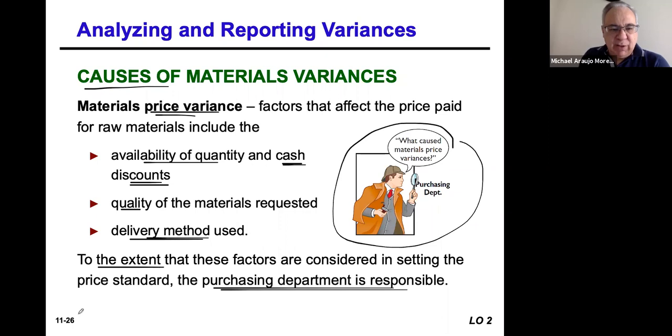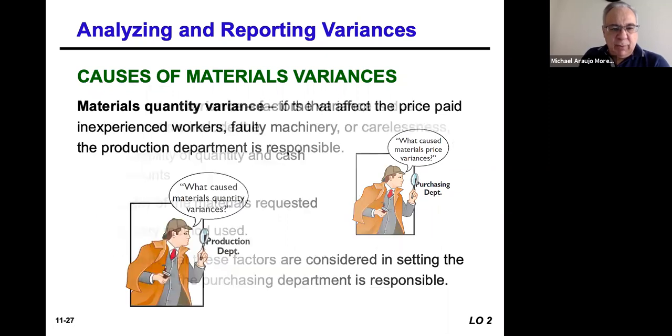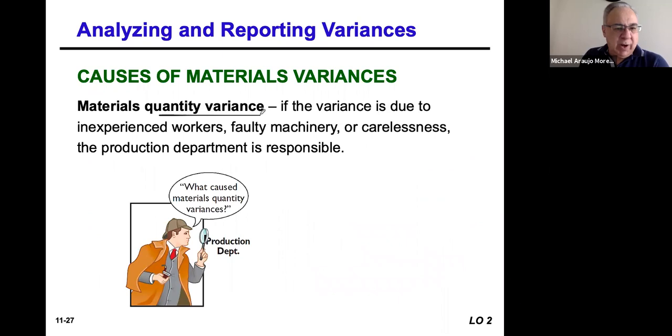Why did we pay so much more? Why did we use so much more in case of quantity, right? So if the variance is due, in terms of quantity, why use more? Well, could be a number of different reasons. One is you could have workers that are not experienced or not trained well, so they used more material than necessary.